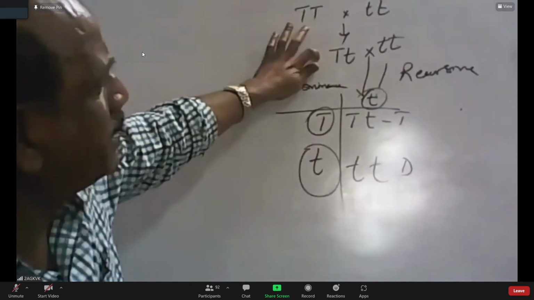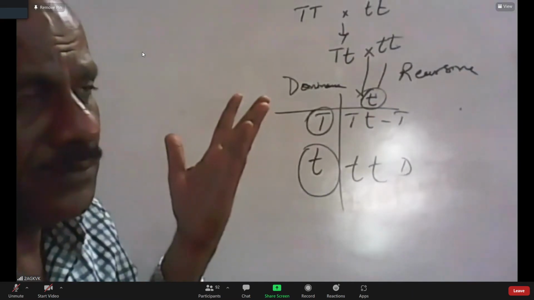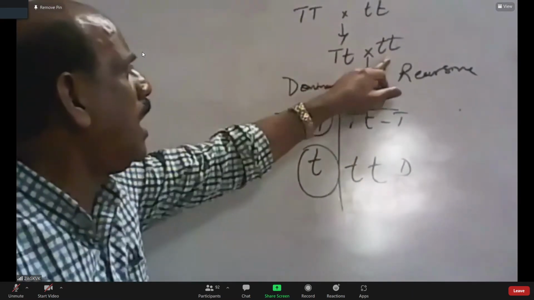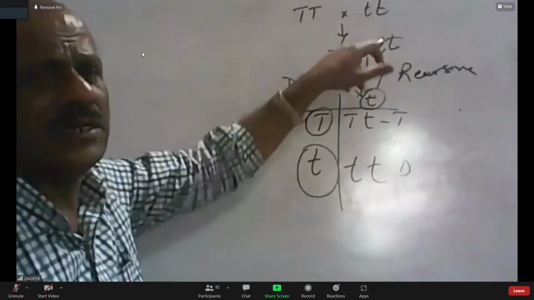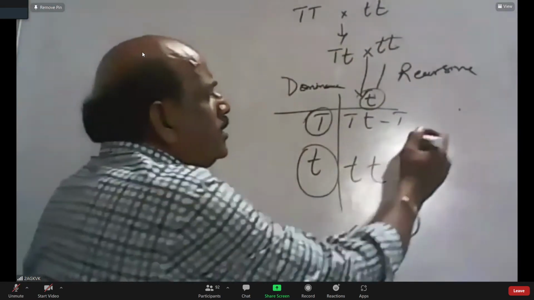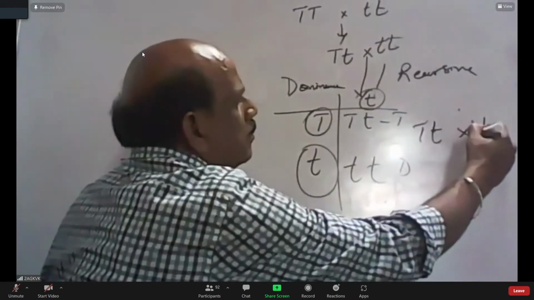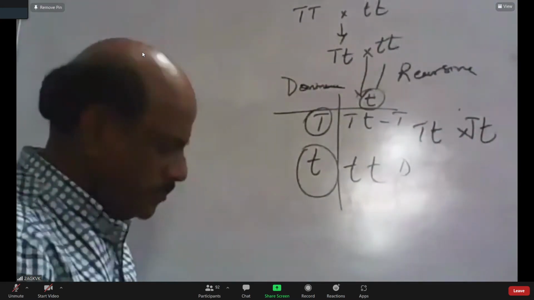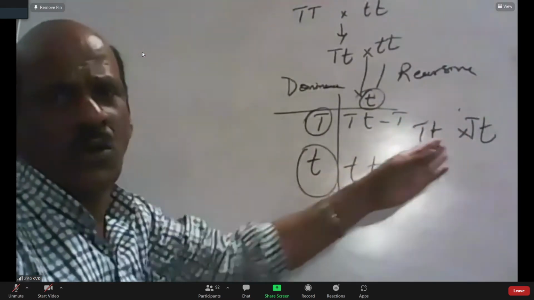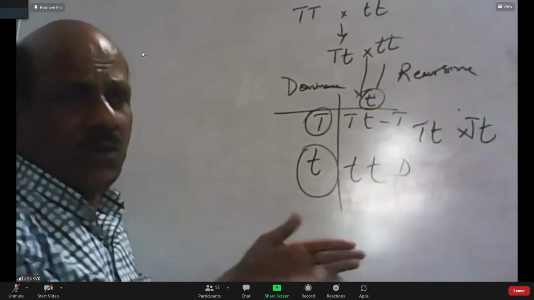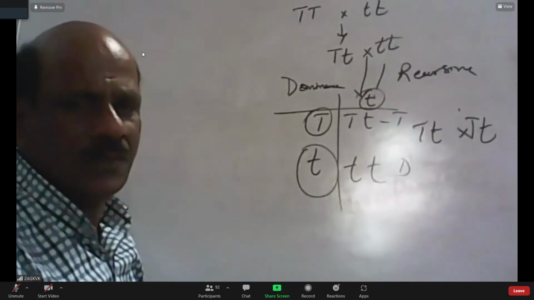This is a monohybrid test cross. What is this then? This is a monohybrid cross. You are crossing two monohybrids. When you cross two monohybrids, what do you get? You get the F2. Is it clear?